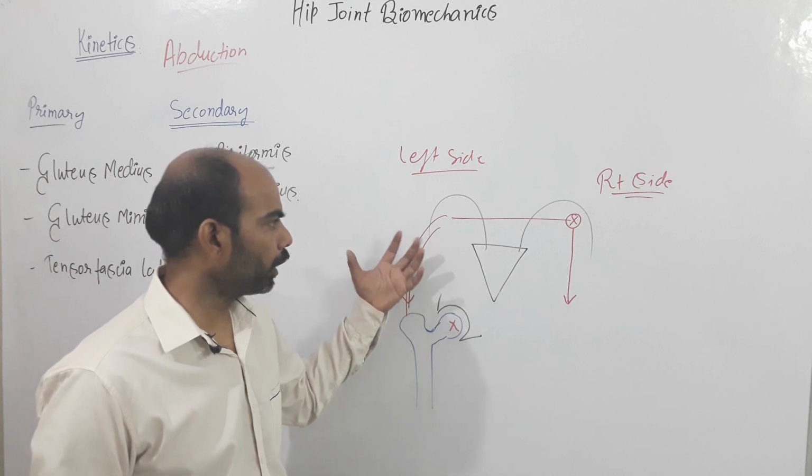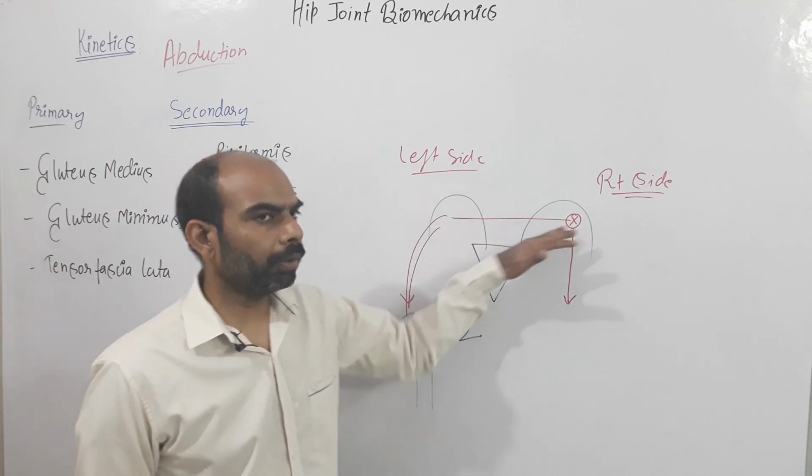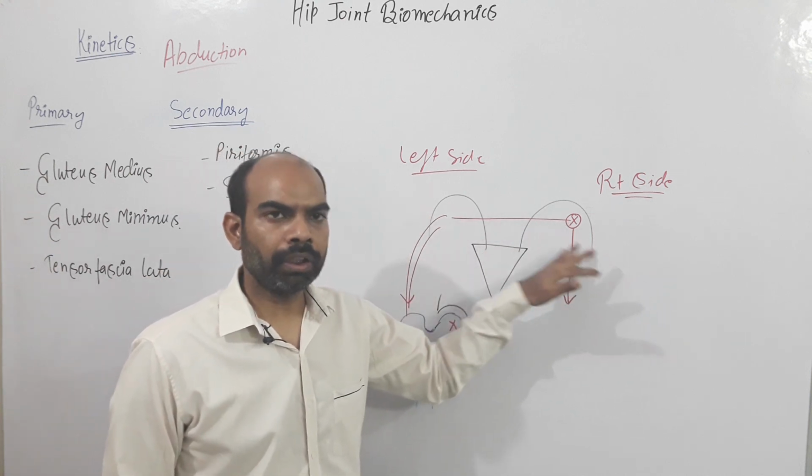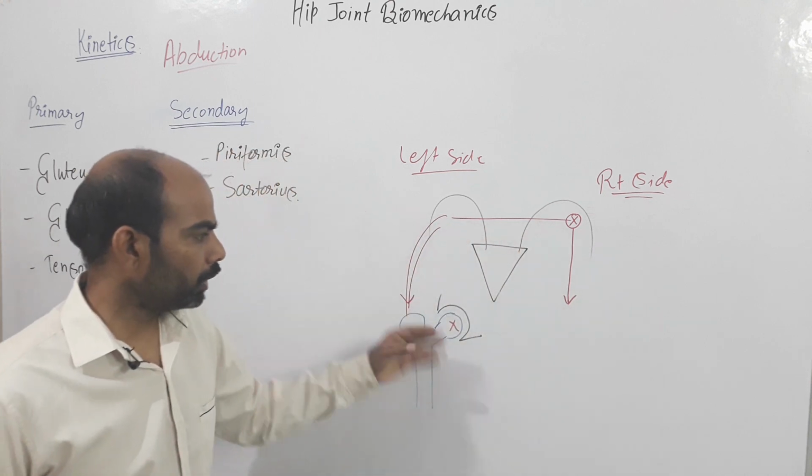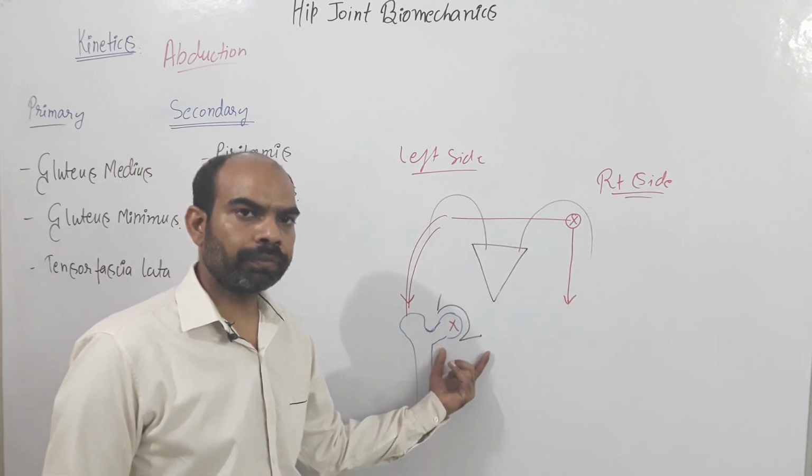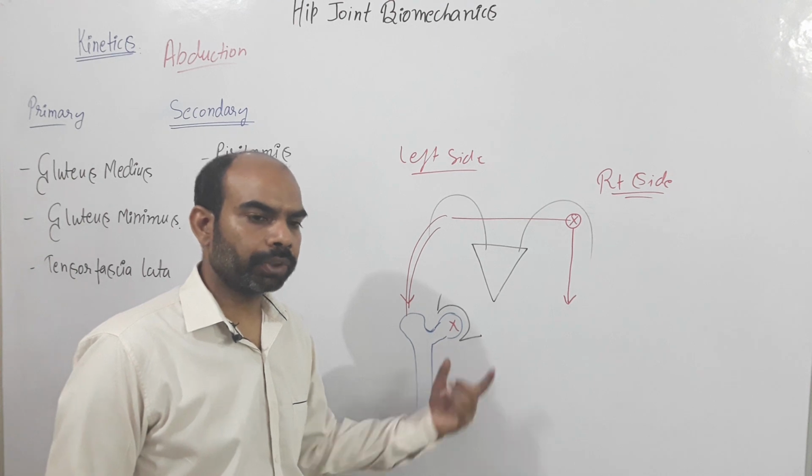We will look at the amount of force produced by the hip abductors to maintain the pelvis in a neutral position, and for this, any changes in the joint reaction force inside the hip joint.